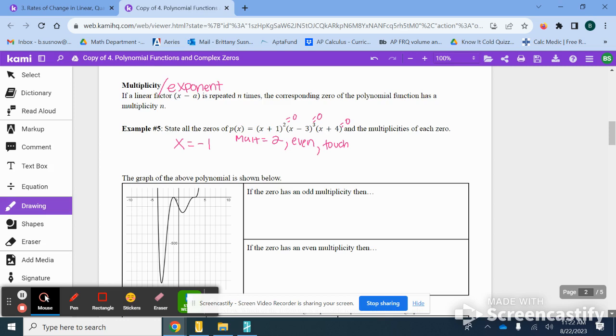All right, so then what's the next x-intercept we see? 3. What's that multiplicity? 3. The exponent attached to it, 3. So multiplicity, oh, and you said odd. Yes. I thought you said 5, and I was like, what? So that's odd. Odd means it'll cross your x-axis.